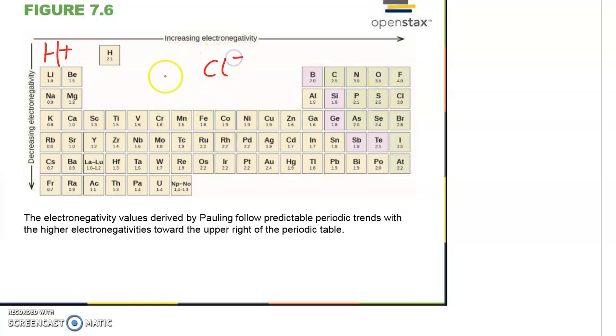Chlorine would love to gain one, hydrogen would like to donate one, so can they form an ionic compound? That is a very good question. That brings us to something called electronegativity.